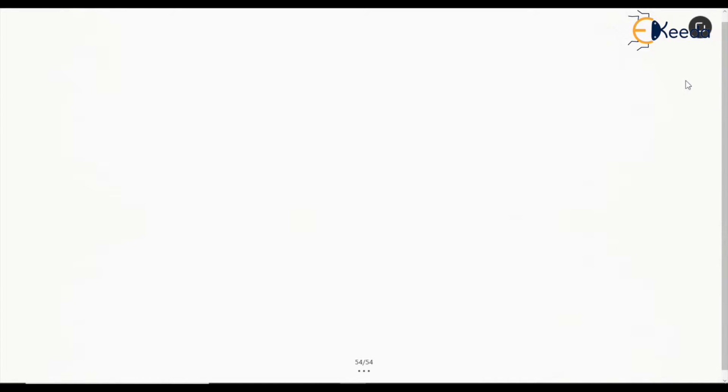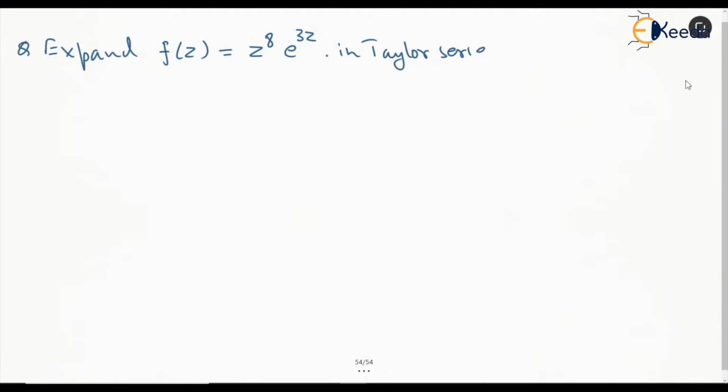It says: expand f of z is equal to z to the power of 8 into e to the power of 3z in Taylor series around z equal to 0. So what is this z equal to 0? This is nothing but z naught equal to 0, right?